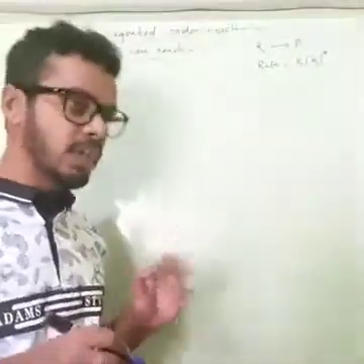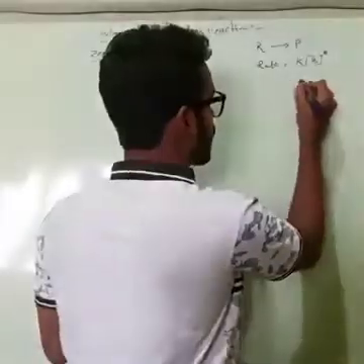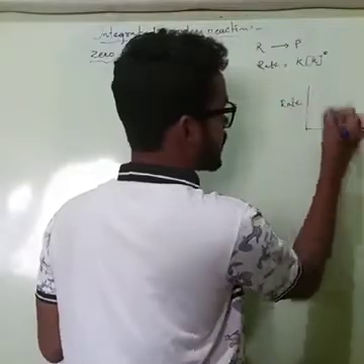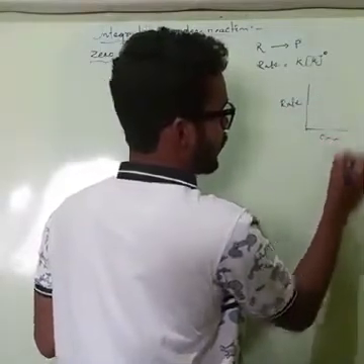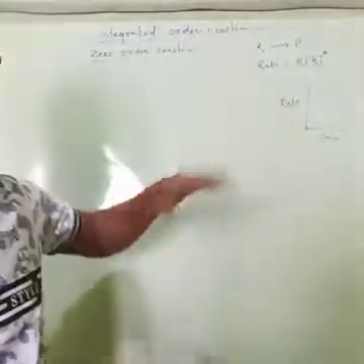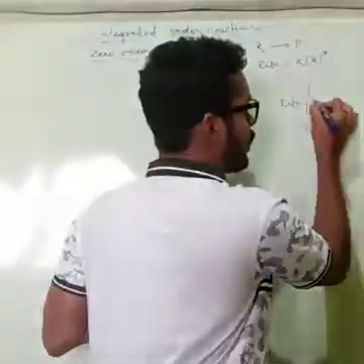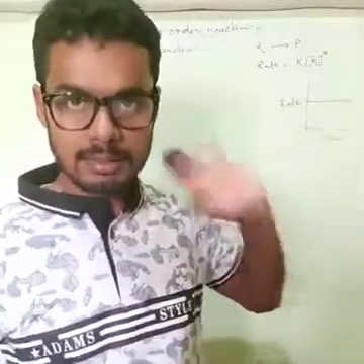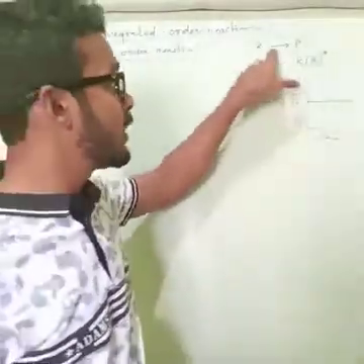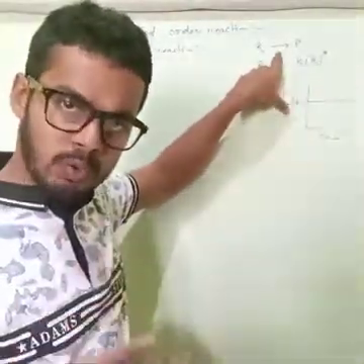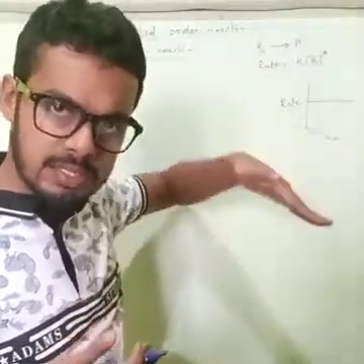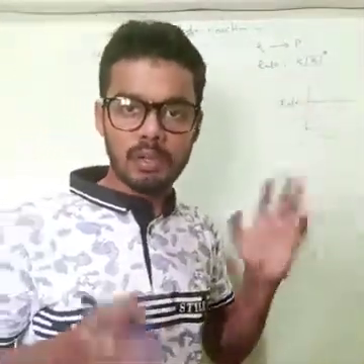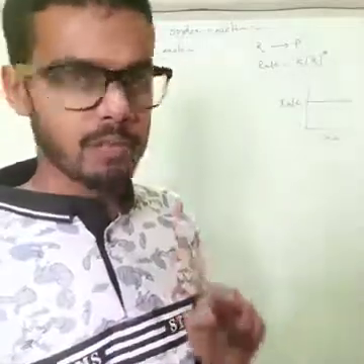Suppose if you plot a graph of rate versus concentration, the rate will remain the same whether the concentration decreases. As compared to time, the concentration of the reactant decreases, but the rate will remain the same. Whether the concentration increases or decreases, it will not affect the rate.